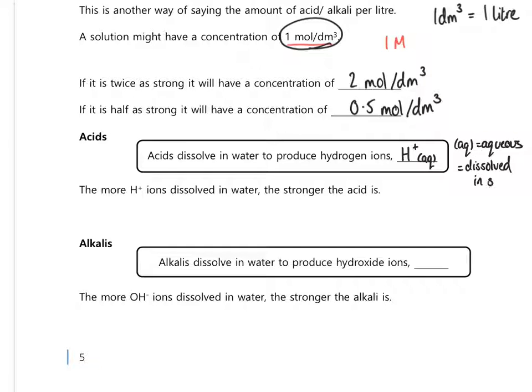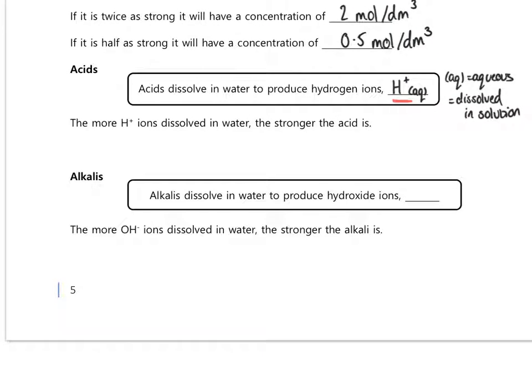And we need that state symbol there because it's only when acids dissolve in water that they produce these hydrogen ions. So it's dissolved in solution, dissolved in water, and it's hydrogen ions, so it's H+ AQ. And that's what determines how strong an acid is, these H+ ions. The more H+ ions I have, the stronger the acid.